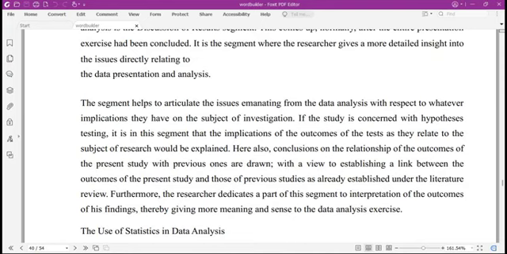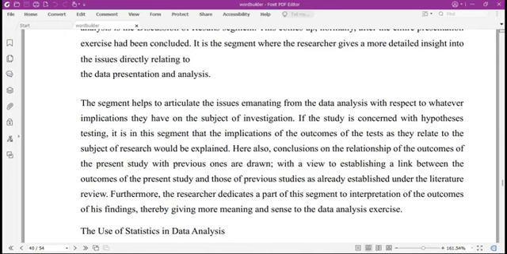Remember, somebody may have worked on what you're doing, so you have to relate your result to the result of the former researcher.